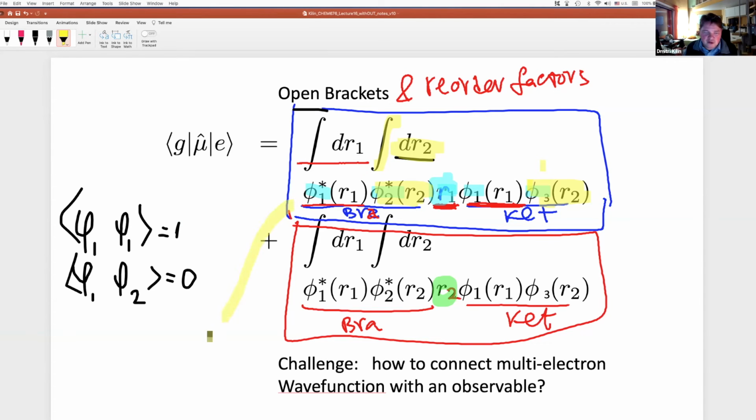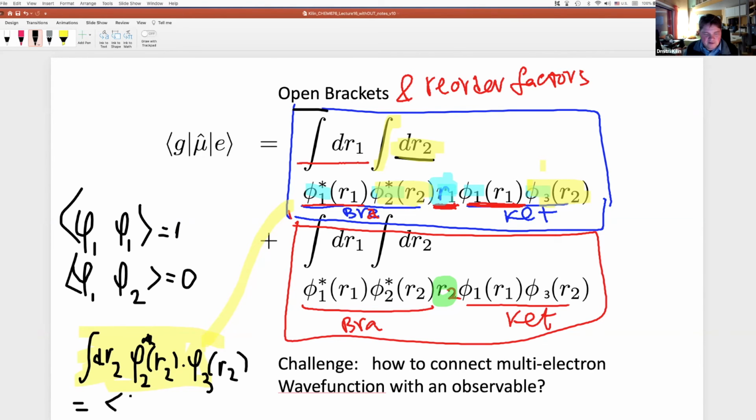So out of the blue box, I can take this little yellow thing and it will read the following way: integral dr2 phi 2 star r2 times phi 3 without star r2. Or in the Dirac notation, it will be phi 2 convoluted with phi 3.